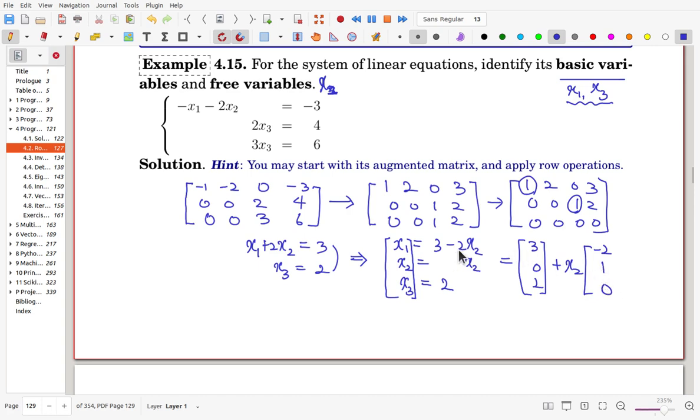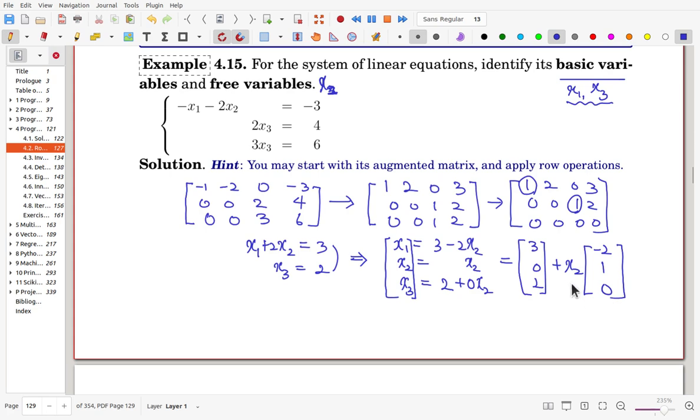So we can write in this way. Okay. So for the solution x1, x2, x3, it is this vector plus x2 times the vector minus 2, 1, 0.